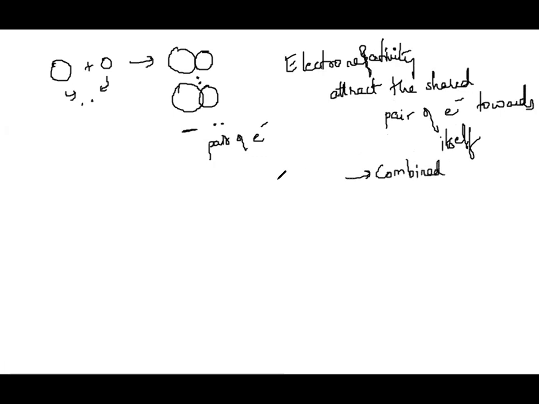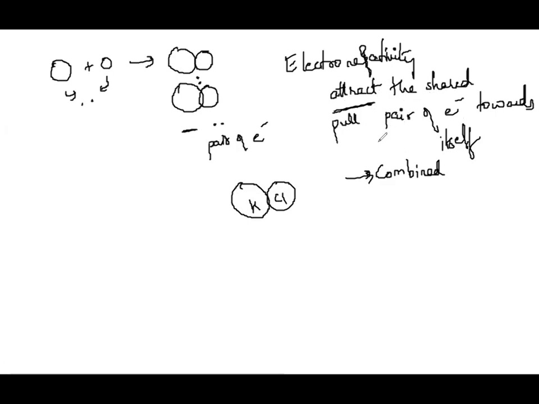You cannot speak about electronegativity of chlorine individually. You can speak about electronegativity of chlorine when it is bonded to some atom, say hydrogen, or say oxygen. So it should be in combined state. And this is just attraction, just a pull of the shared pair of electrons towards it.